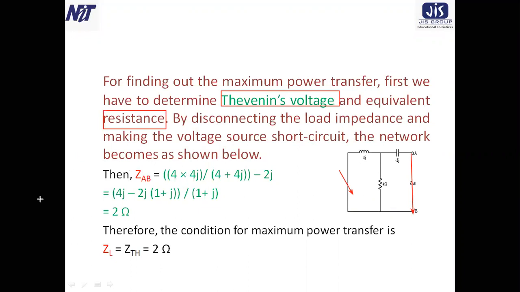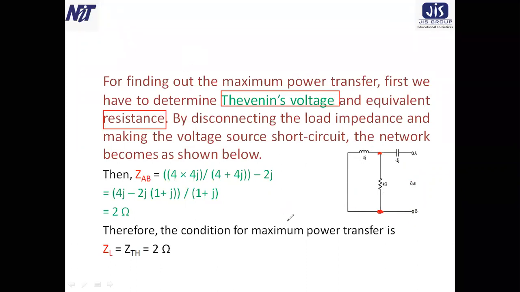What will the network be? The value of ZAB, the equivalent impedance of the circuit, is very easy. With no load resistance and no voltage source, the 4j and 4 are connected in parallel.